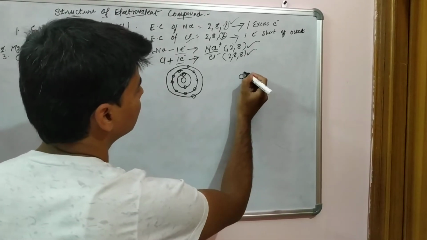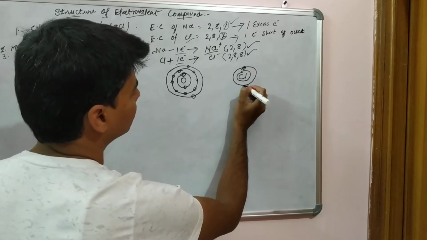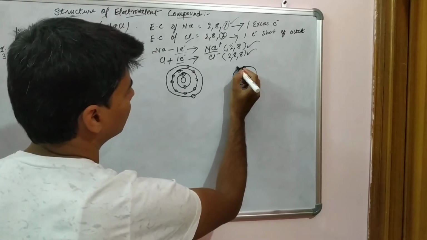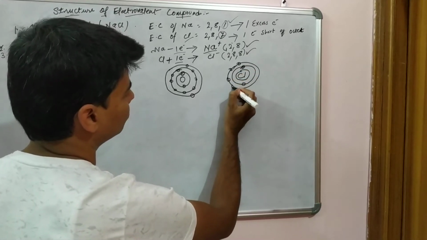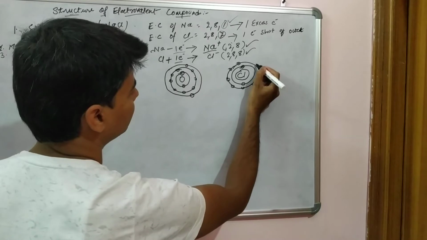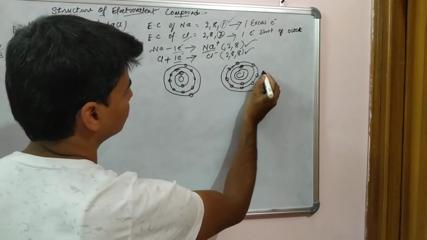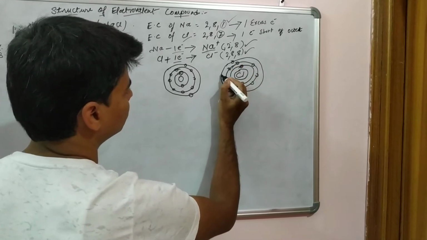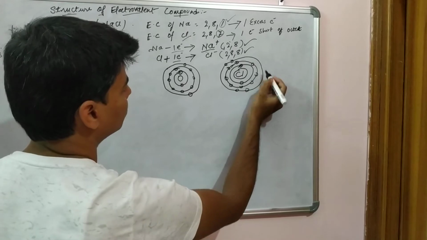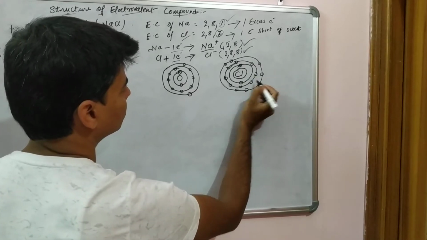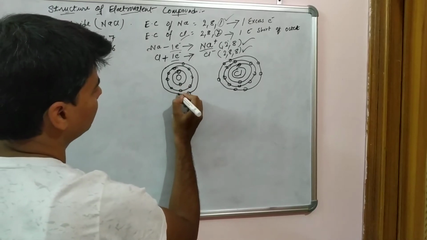Chlorine has seven electrons in its valence shell. 3, 4, 5, 6, 7, 8. So this is sodium metal.